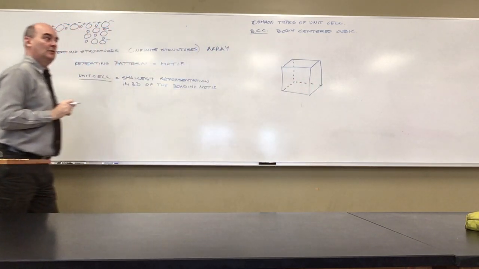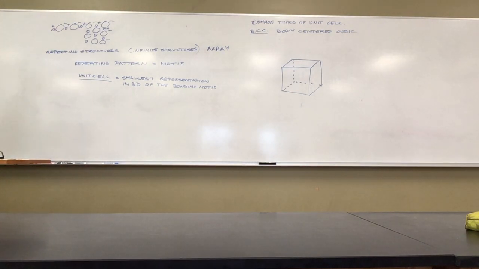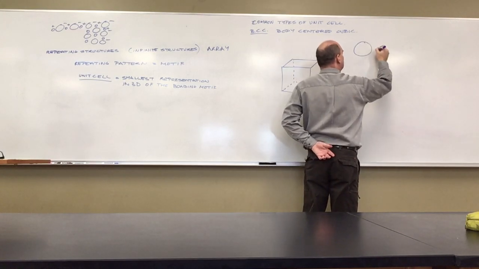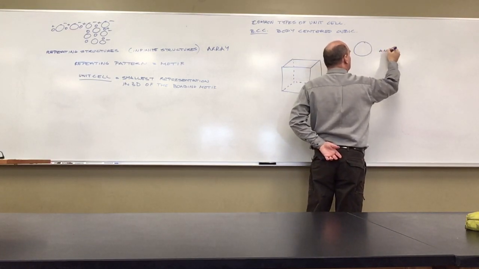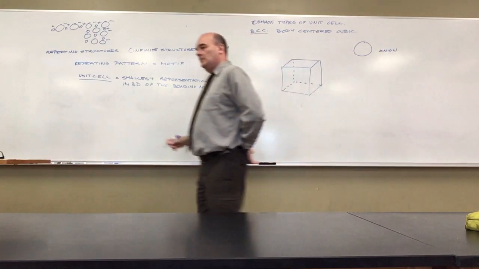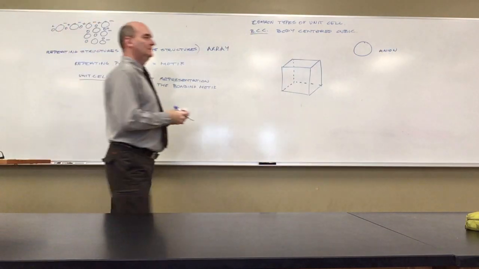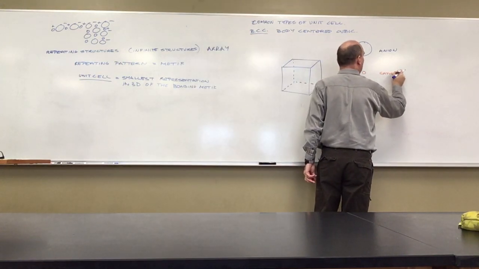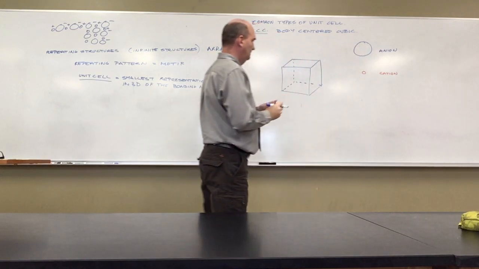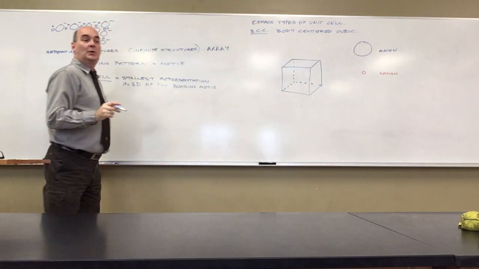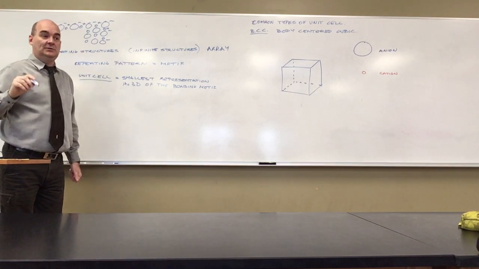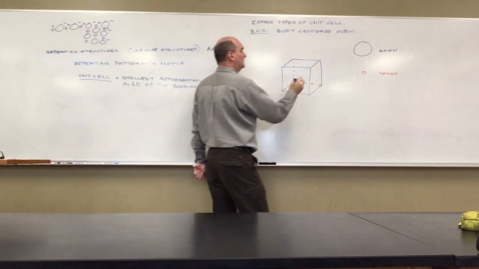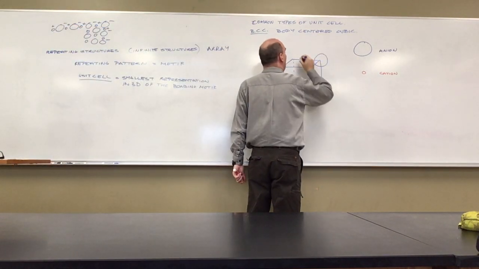That's how we draw a cube most of the time. Okay, in a body-centered cubic, anions are here. I'm going to put the nucleus of the sphere of the anion at every corner.